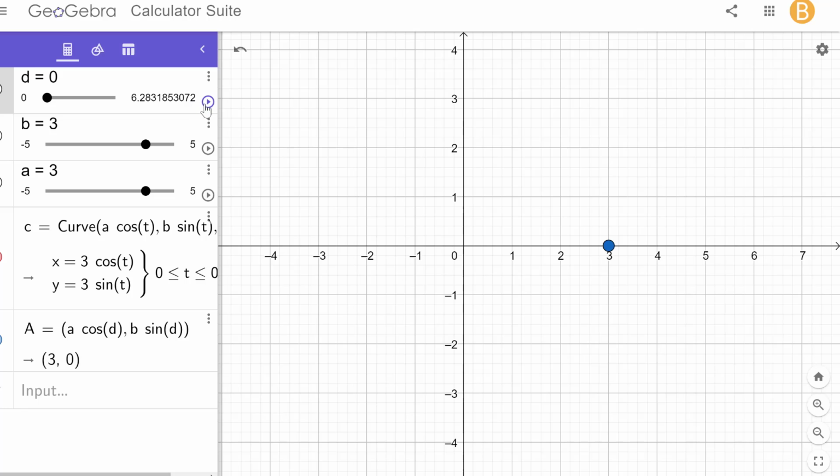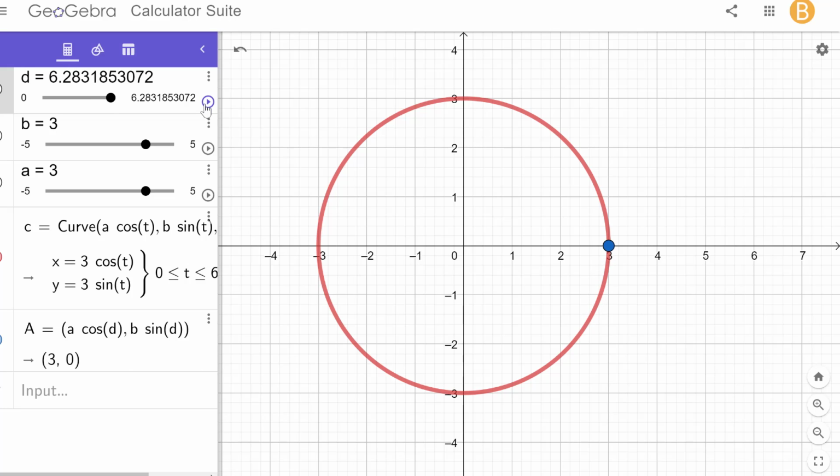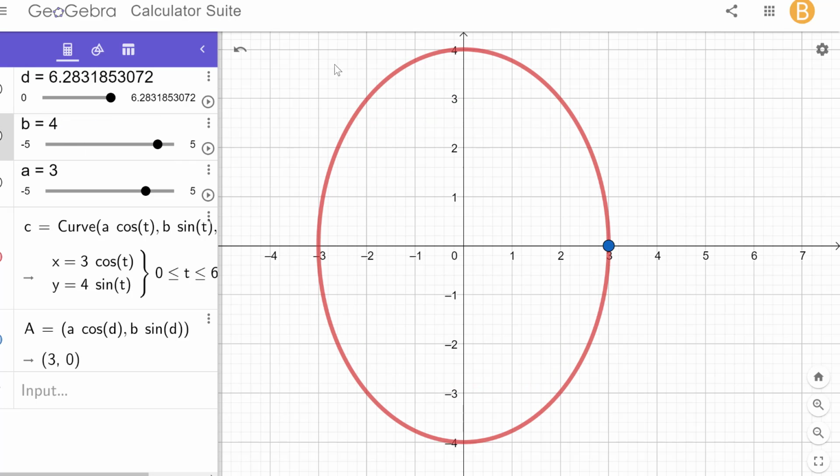So if we graph 3 cosine of t and 3 sine of t, we can see this makes a circle with radius 3 that rotates counterclockwise. So now we're going to go ahead and change the value in front of sine to a 4. And we can see that it makes an ellipse, which is a circle that's kind of been smushed or stretched.